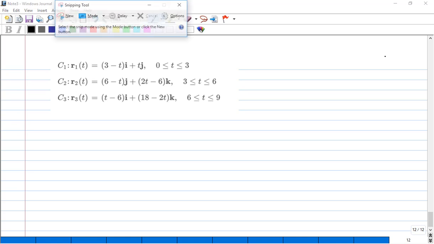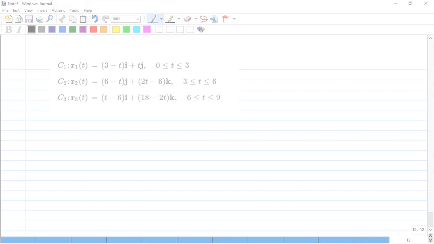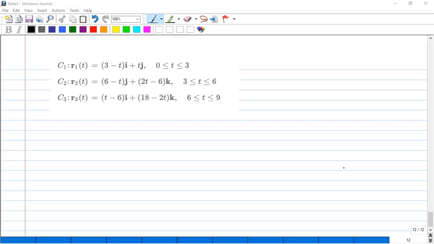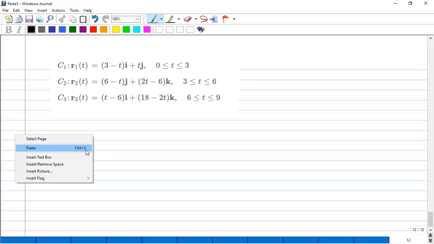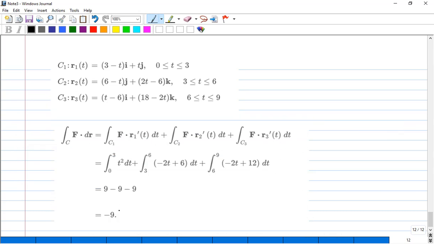But then we'd have to do 3 integrals and find the sum of all of that. If we did all that work using the original line integral formula, we would get the same answer, but it would be a whole lot more work. So Stokes' theorem simply makes it easier to evaluate that line integral.